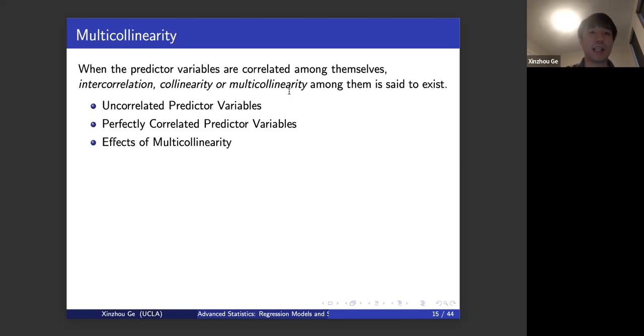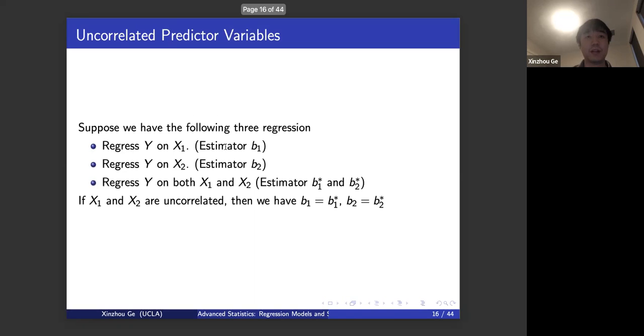We will discuss the effect of multi-collinearity for 3 different settings. The first setting is uncorrelated predictor variables.